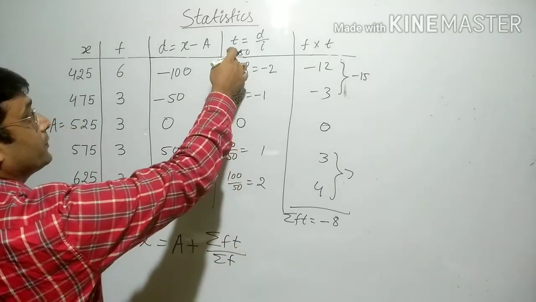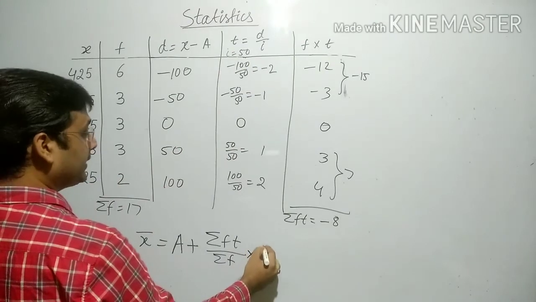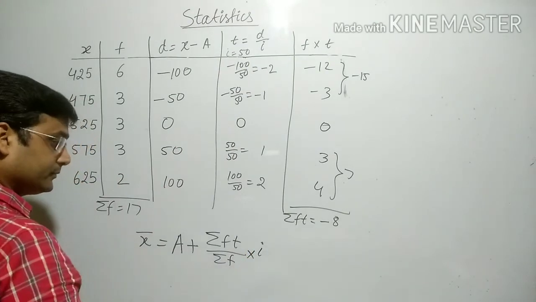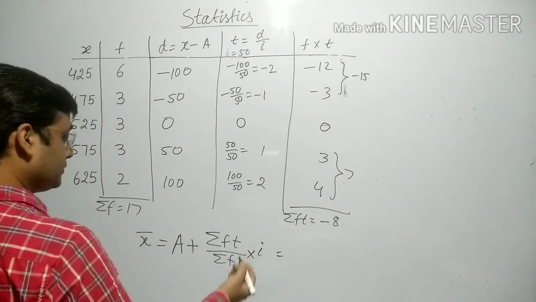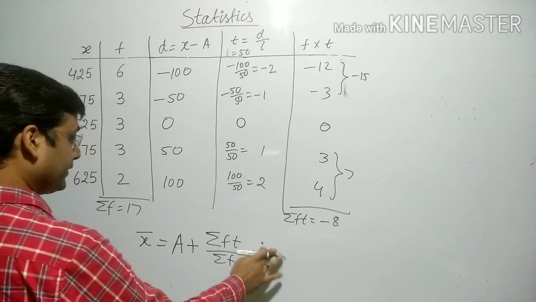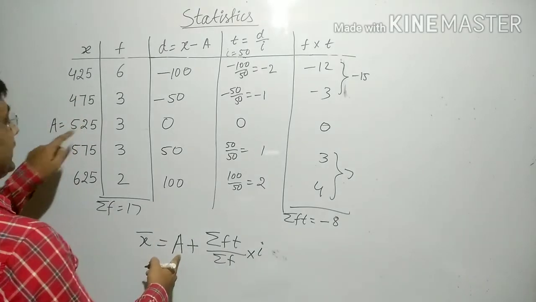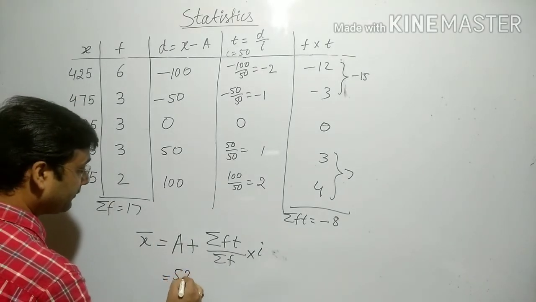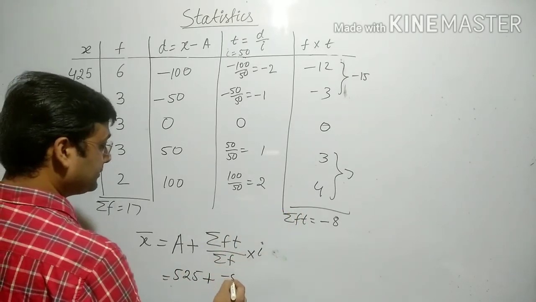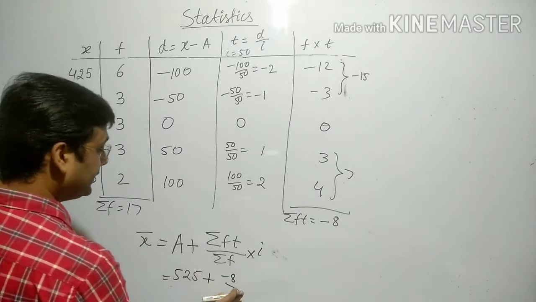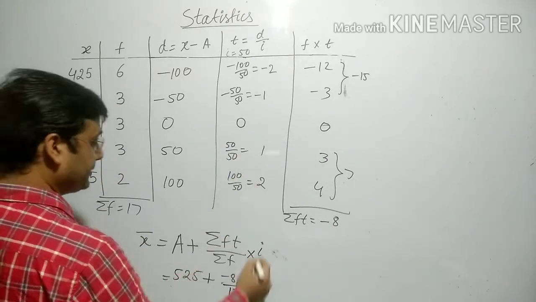Since we had divided by 50, now we will multiply by i here. Now we will implement the values and get the answer very easily. So what will be the next step? Here I am writing a is 525, plus sigma ft is minus 8 divided by 17, multiplied by i, that means 50.